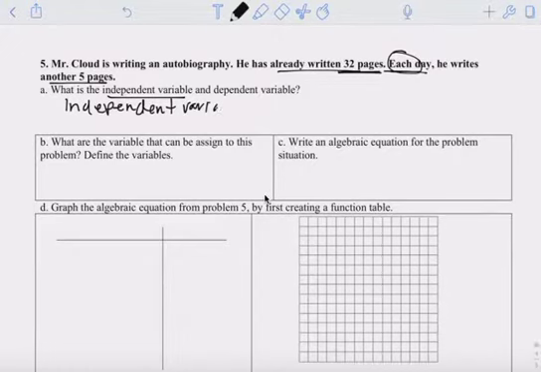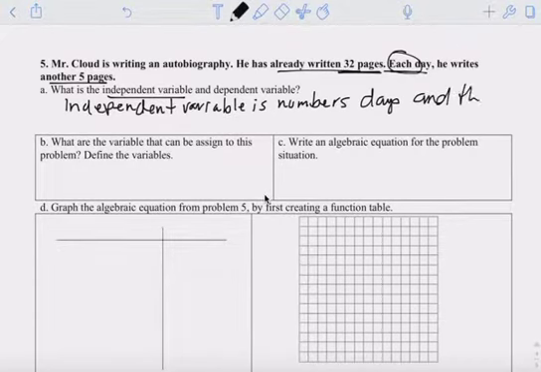The independent variable is the number of days that he takes to write the autobiography. And the dependent variable is the total pages written. That's the outcome. The dependent variable is always the outcome, the answer.